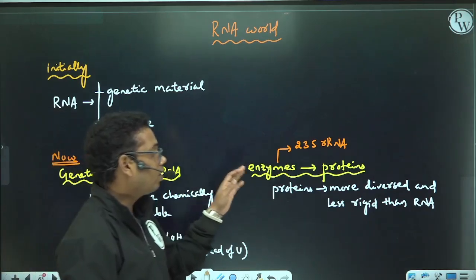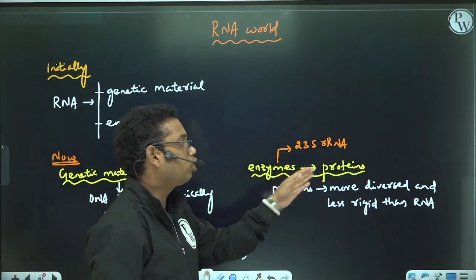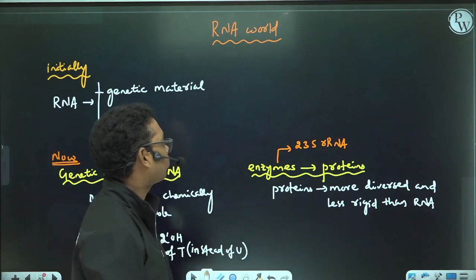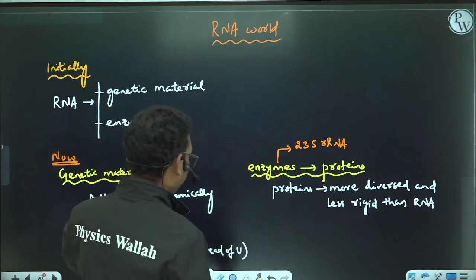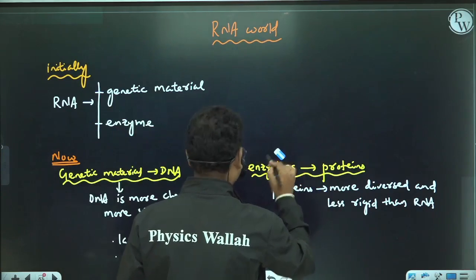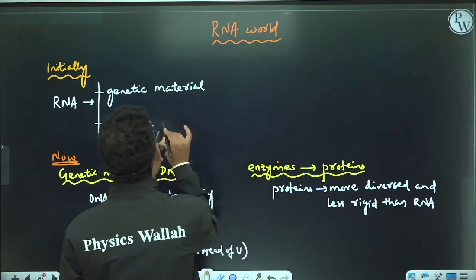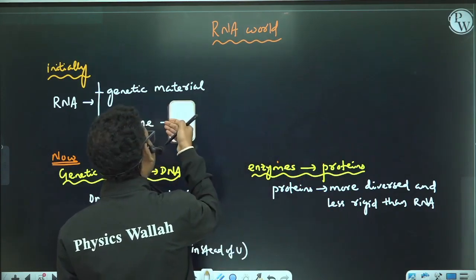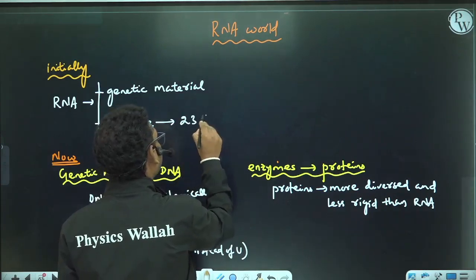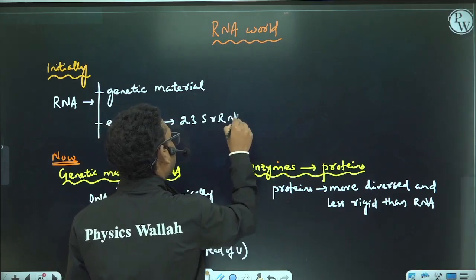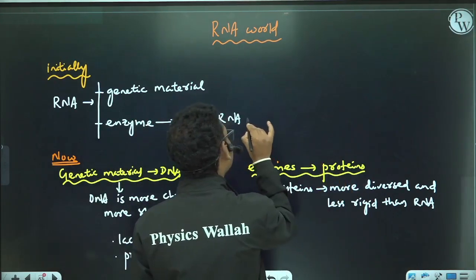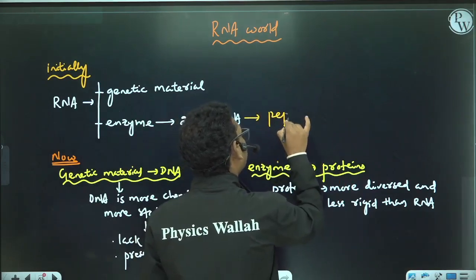What about why the properties of enzyme shifted to the proteins from RNA? Because see, RNA can act as enzymes. RNA can act as enzyme, and the example is 23S rRNA. This 23S rRNA is called peptidyl transferase.